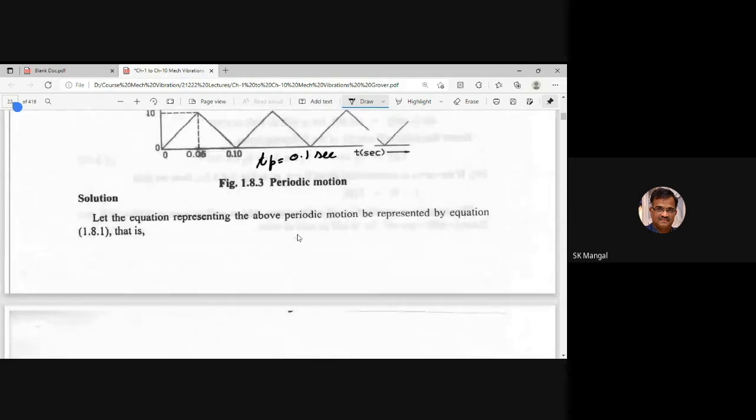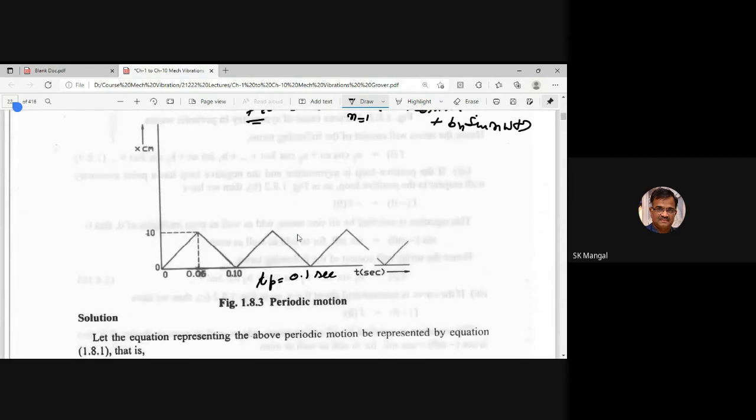So here you can see, for t equal to 0 to 0.05, x(t) is equal to 200t. You can have an equation of line here.